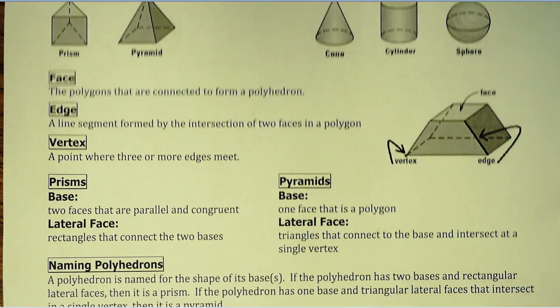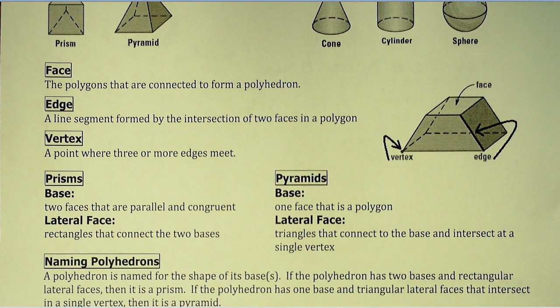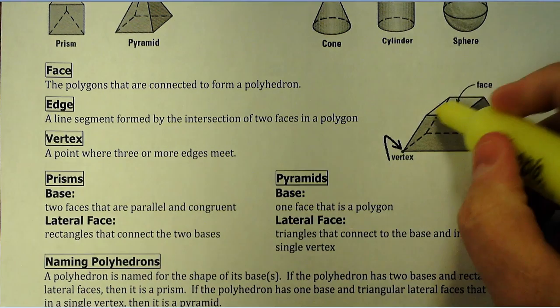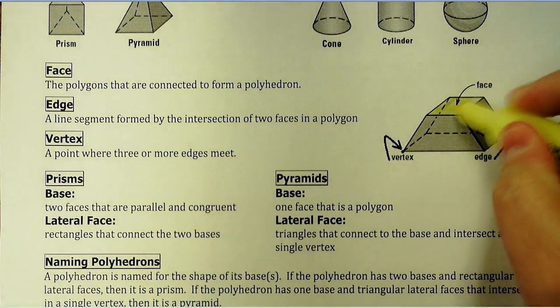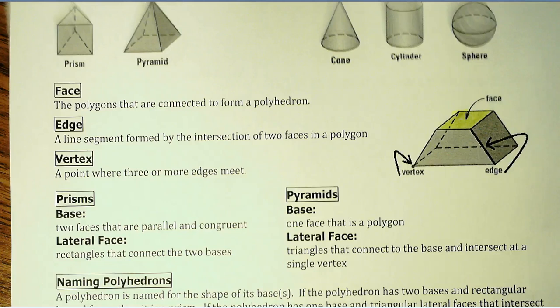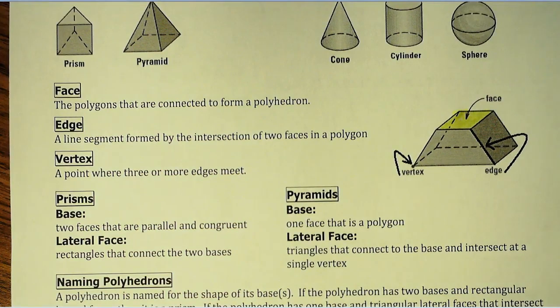Okay, so just some vocabulary terms here and then a diagram. So a face is just any of these flat surfaces here that connect to form the polygon. So I'm going to grab my highlighter here. If you guys could see this in color, it would look a little bit better, but there's a face, and you can see there that's a rectangle, maybe a square if we had it in person.